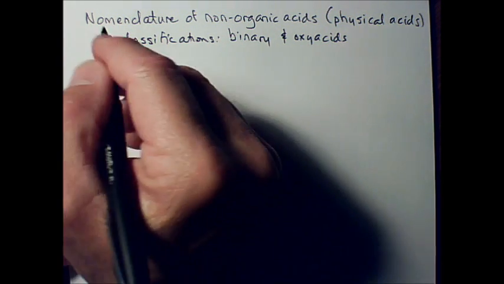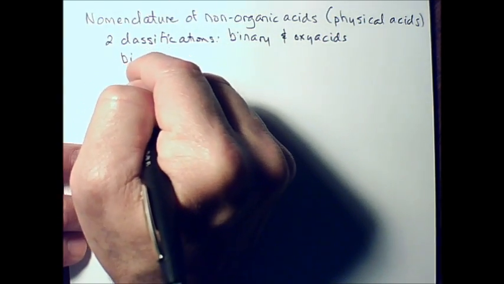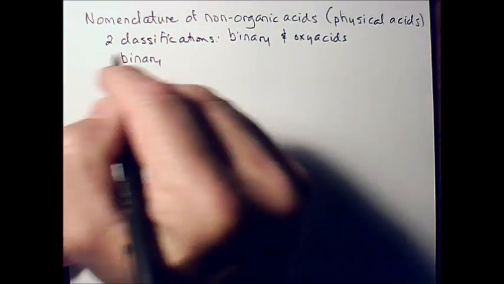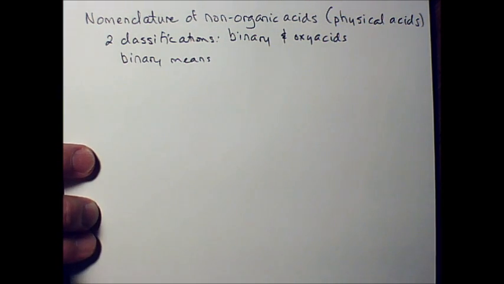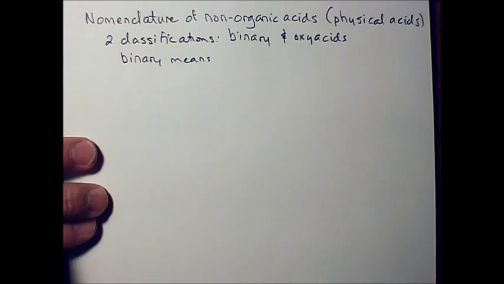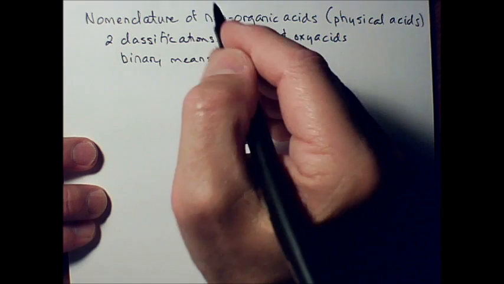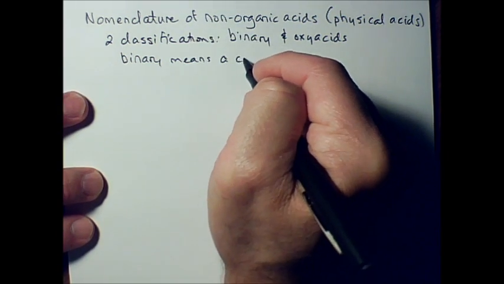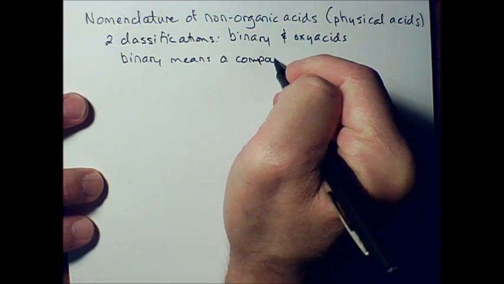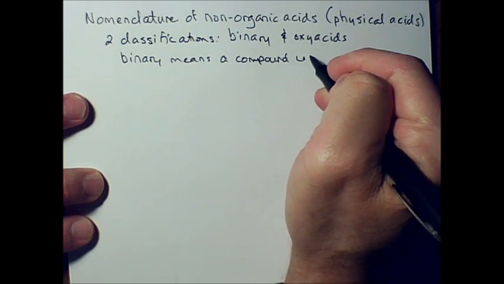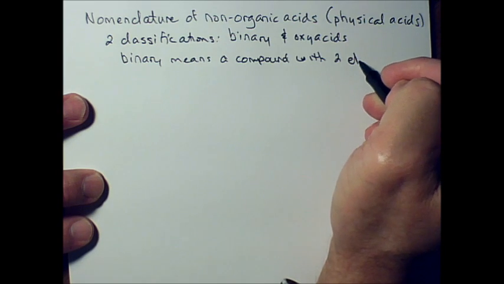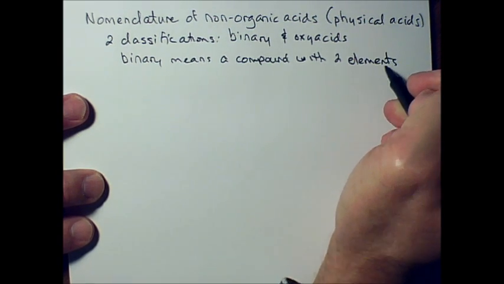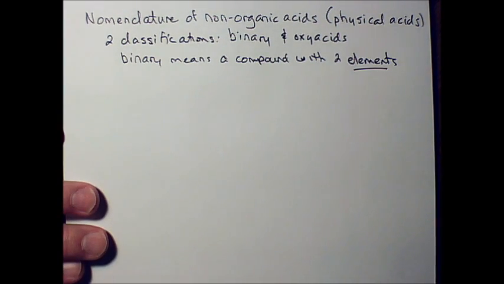Now, a binary acid means that you have a compound that has two elements. And this word elements is really important.